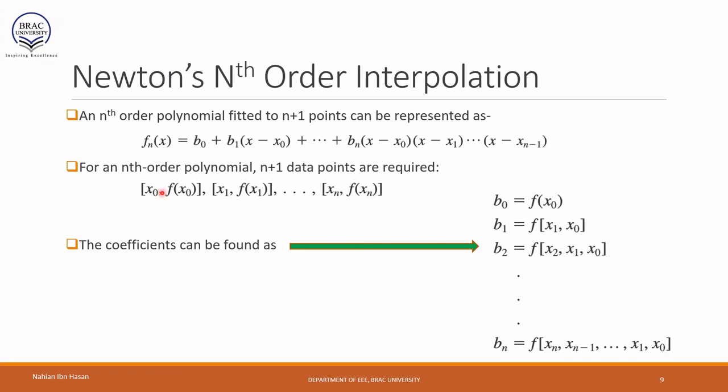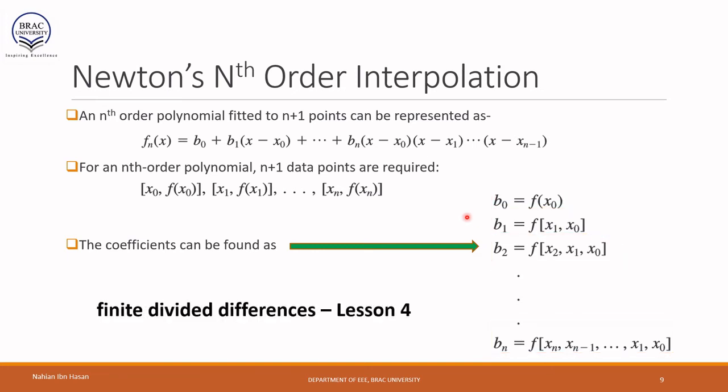We can just substitute the values x0, f of x0 into the general equation, and then by doing some algebraic manipulation, we can get all the coefficient terms, that means b0, b1, b2, b3 up to bn. We have just seen these cases for the second order polynomial, and we can easily extend the same procedure for the nth order polynomial.